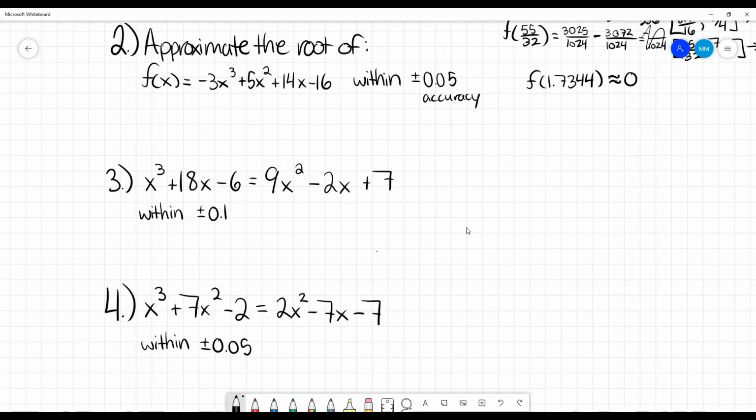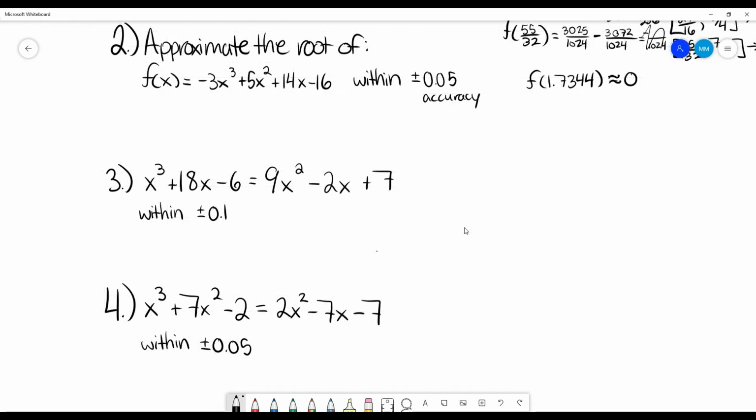So this is going to turn into an x cubed, and we subtract this from both sides. So we get x squared. And then we're just moving everything to this side. So I subtract my 9x squared. And then I'll add this 2x to my 18x, which is 20x and subtract 7.